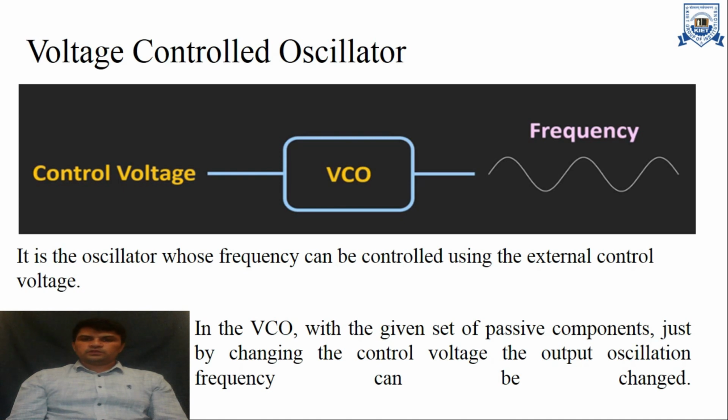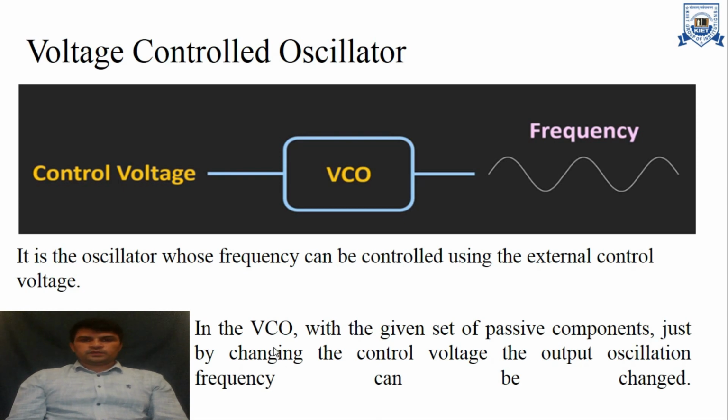In a voltage controlled oscillator we have a control voltage. It is an oscillator whose frequency can be controlled using an external control voltage, not by tuning components like R and C. Here we control the voltage directly, not the value of resistor or capacitor.